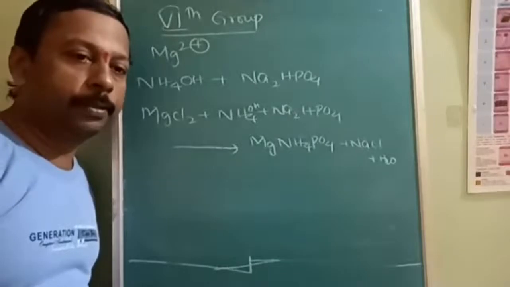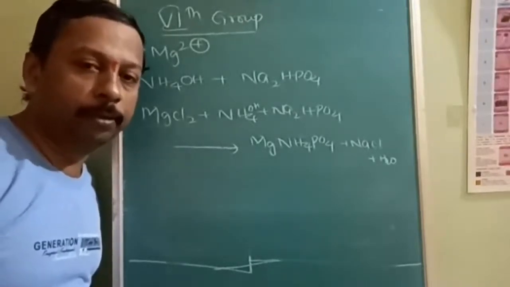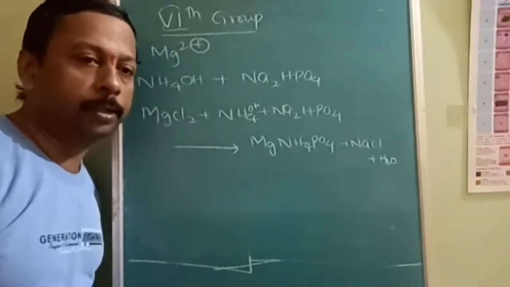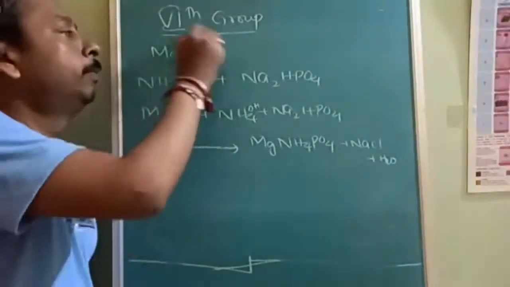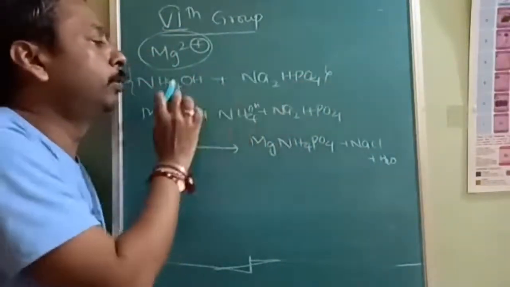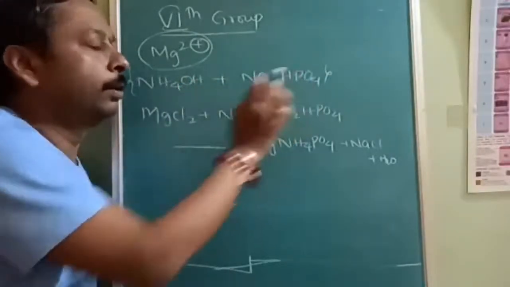Next is the sixth group. Sixth group has no requirement of the algorithm, because it contains only a single ion. What is that single ion? Magnesium 2 plus. But the reagents required are two: ammonium hydroxide and sodium biphosphate.